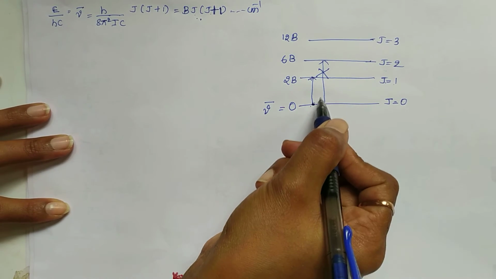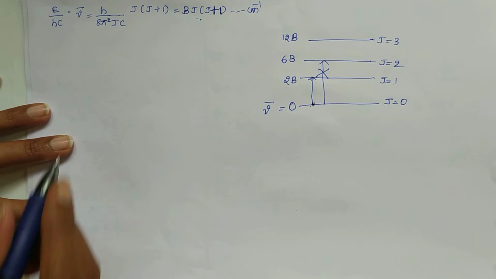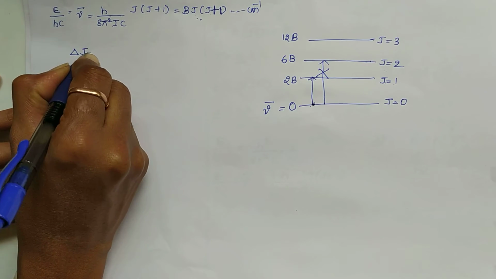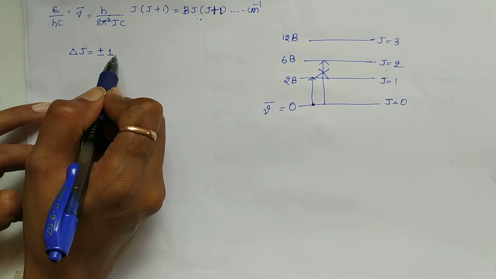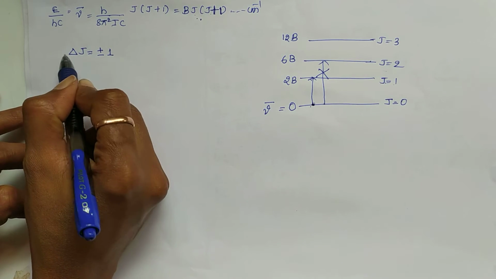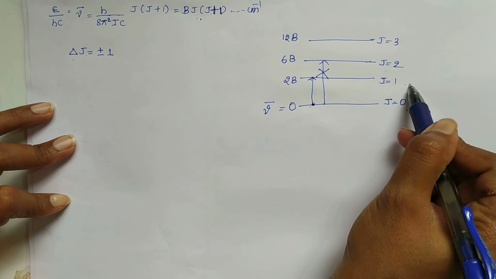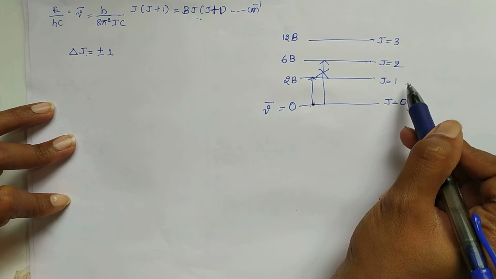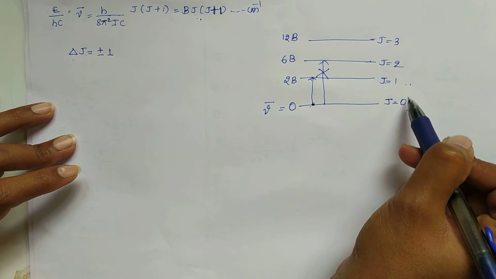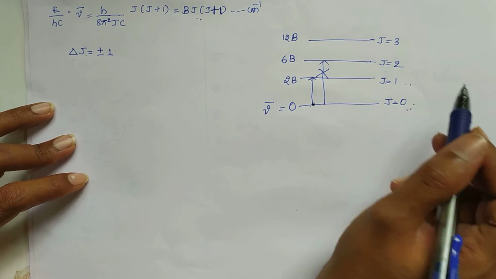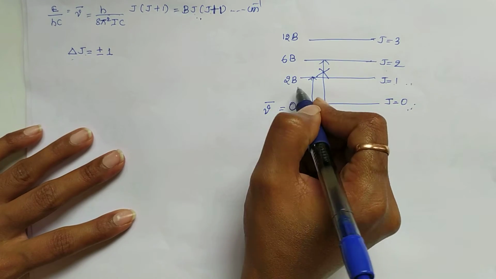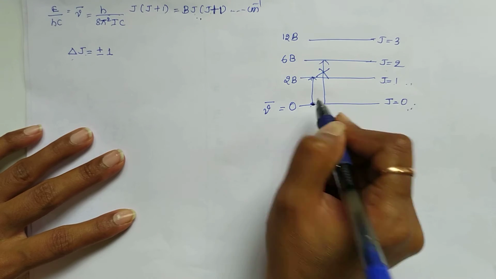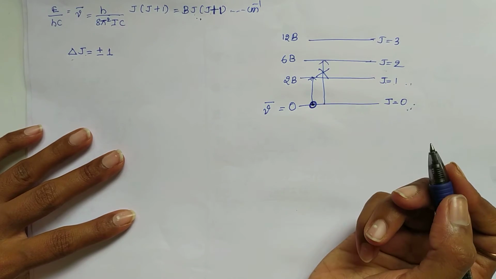Here a molecule makes a transition, and the difference in the J values should be equal to either plus 1 or minus 1. Then only such a transition is possible, otherwise no. Let us see. The molecule is already in the ground state.